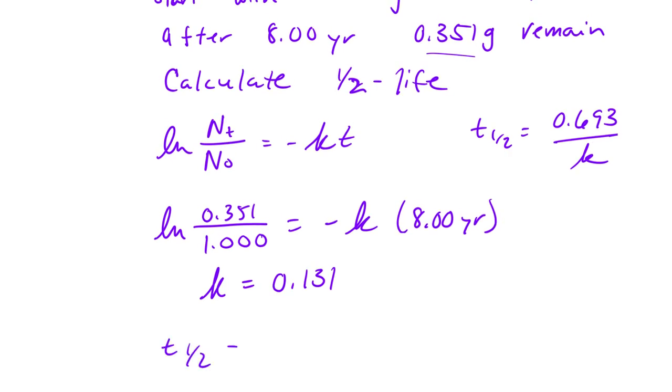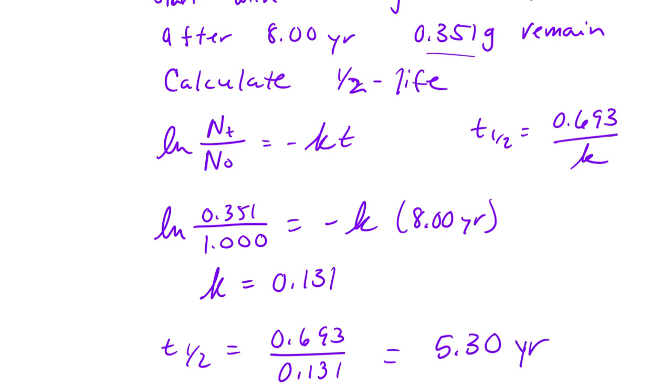Calculating t1/2 then, we'll take our 0.693 over 0.131, and we get 5.30 here. How do we do? Good. Excellent. Great work.